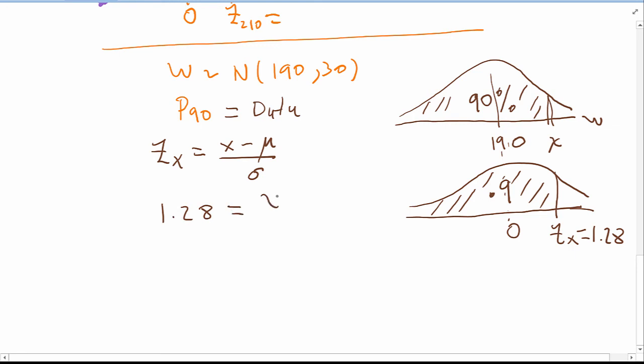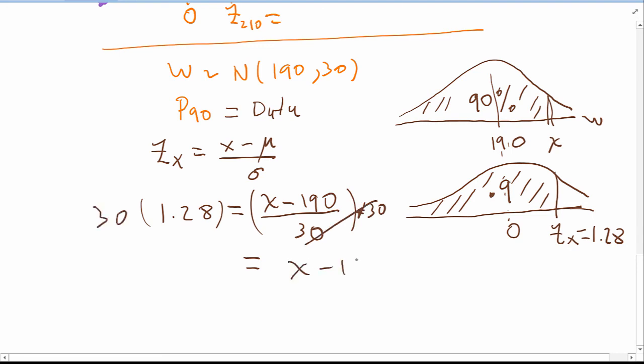The x is the unknown, the mean is 190, and the standard deviation is 30. Let me multiply both sides by 30. I'm trying to solve this equation, so I multiply both sides by 30. That way it cancels here, so I get that x minus the mean is equal to 30 times 1.28, which is 38.4.